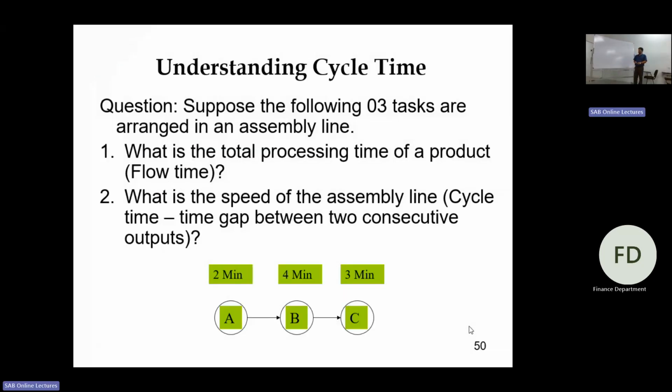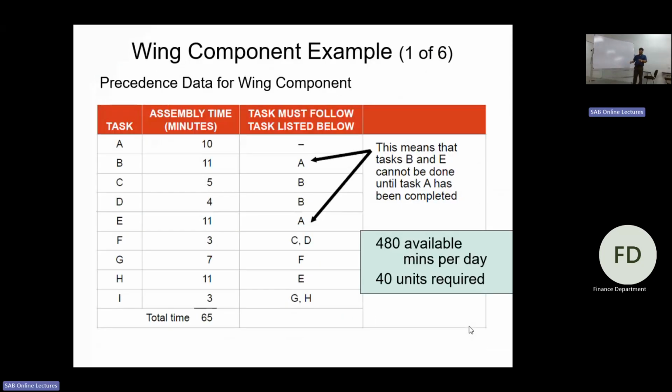Now, according to the example, sum of task time, that is the total time. So that is 65 minutes divided by the required cycle time, that is 12 minutes. We get an answer like 5.4.